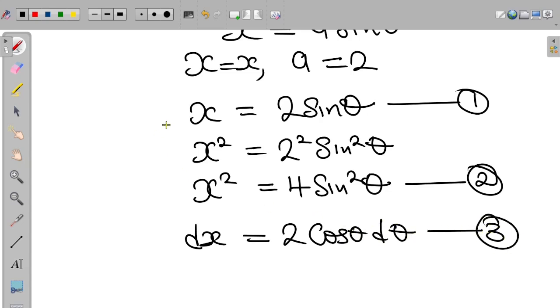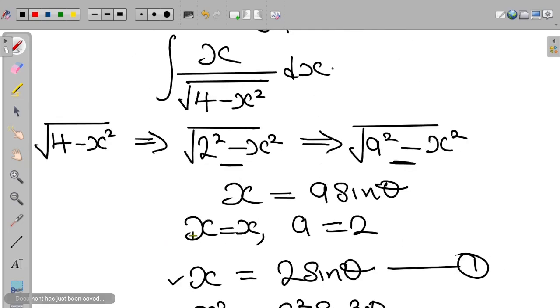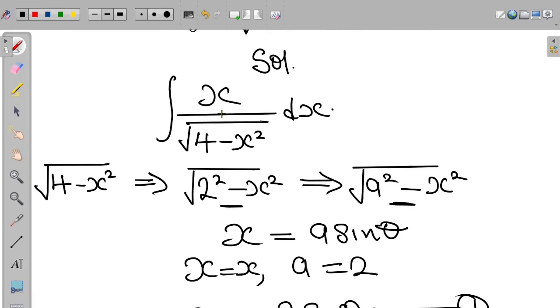Now at this point, we have x, we have x squared, and we have dx. So we can now substitute into the integral given to us.